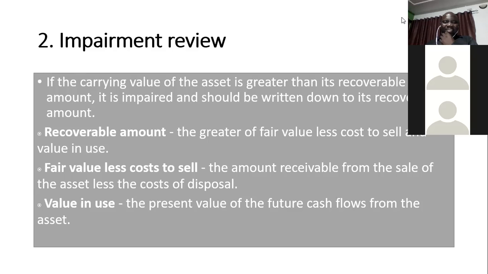But if I'm to sell this phone at 50 Rand, there are some things that I need to do before I sell it. What's the cost of selling this? I need to change the cover and all that, maybe about 5 Rand. So the fair value less cost to sell will be 50 minus 5, which gives me 45.